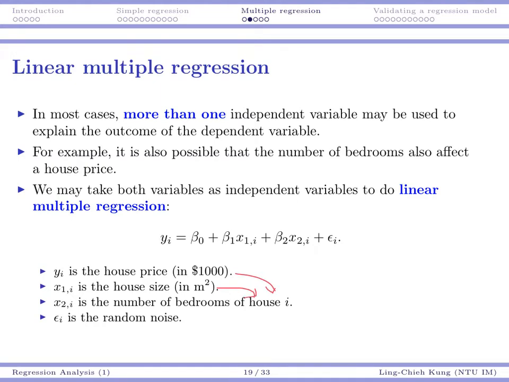And finally, epsilon i is the random noise of house i. So nothing special. Now we simply have one more term, and we relabel x for house size to x1 because now we have two independent variables.